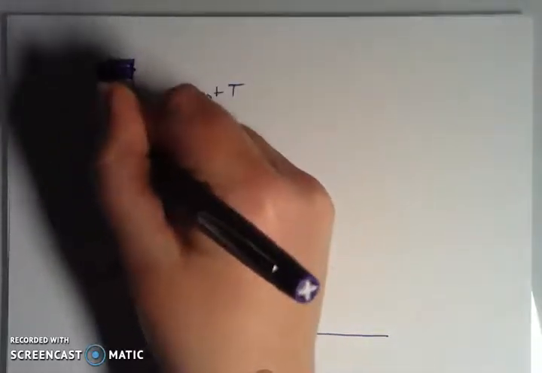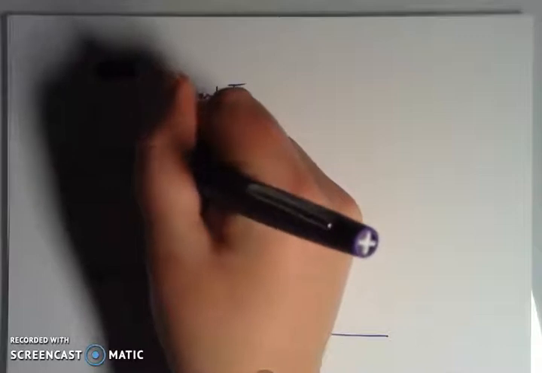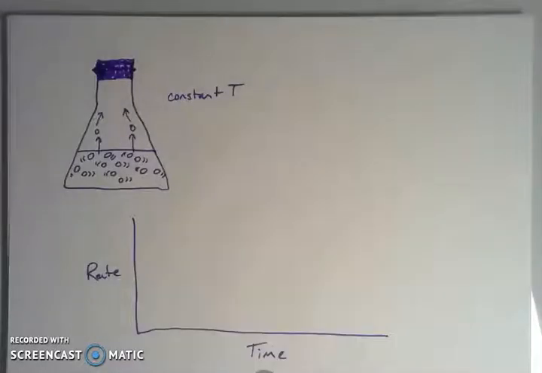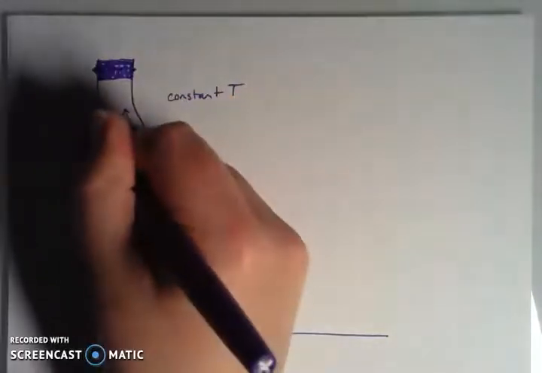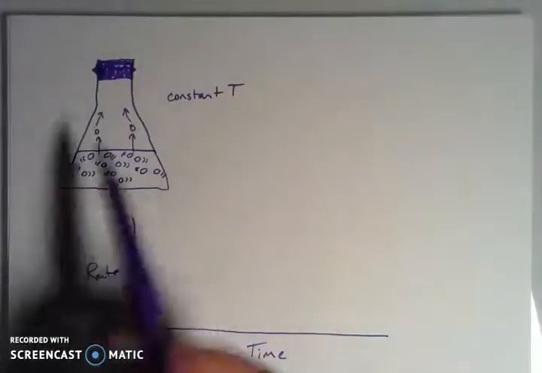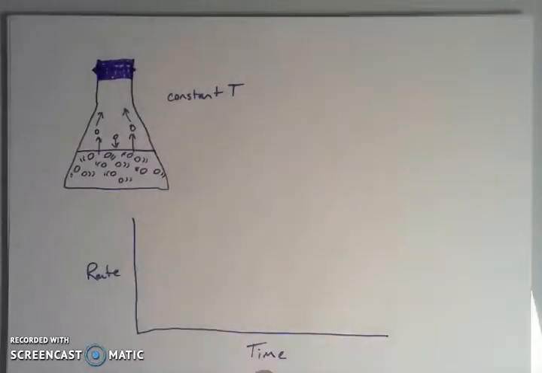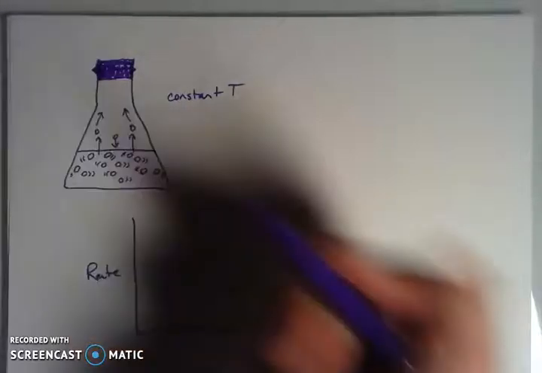So this is happening. These things are moving around right at the surface. These particles are leaving. And then at the same time, these particles are going to be kind of slowing down. They're going to be coming back towards the surface. Some of them are going to get pulled back into the liquid.